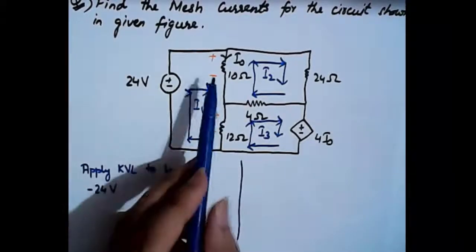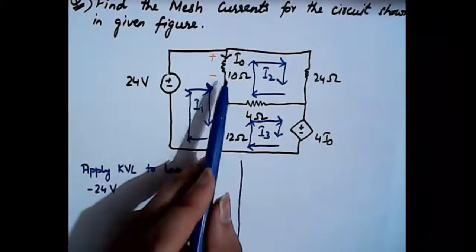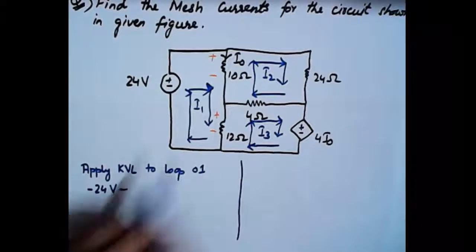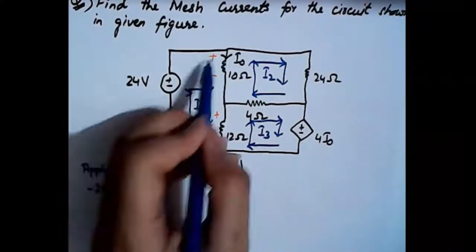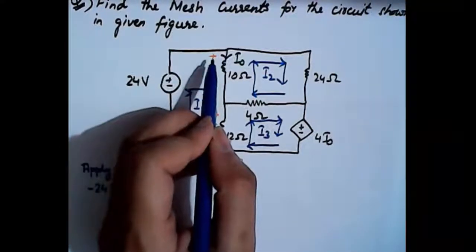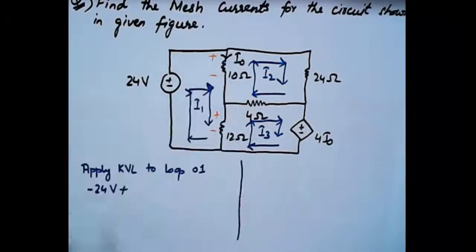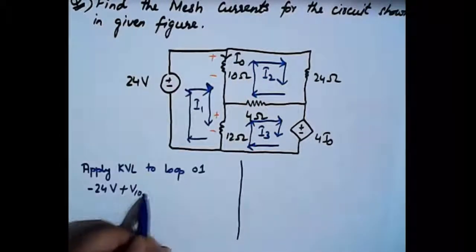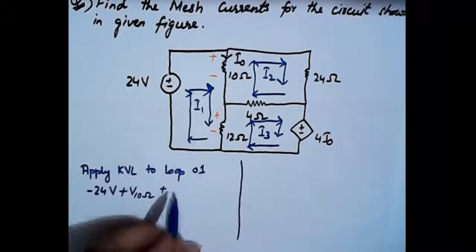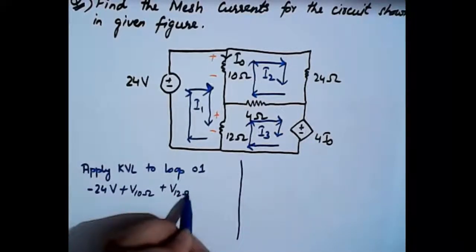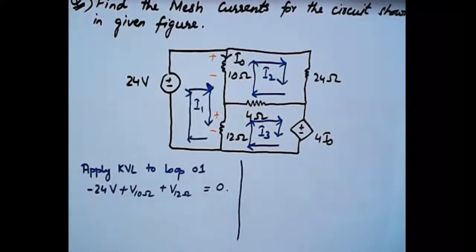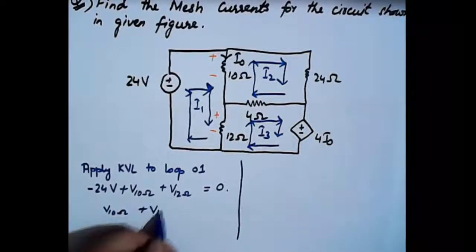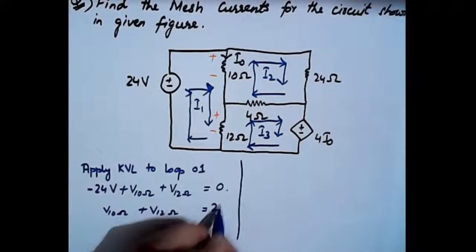The next voltage that we are encountering is the 10 ohm resistance, which we can write as plus. Why plus? Because the current is entering the positive terminal, so the voltage will be taken as positive, plus V 10 ohms, again plus V 12 ohms is equal to 0, right? So we can write it as V 10 ohms plus V 12 ohms is equal to 24, right?